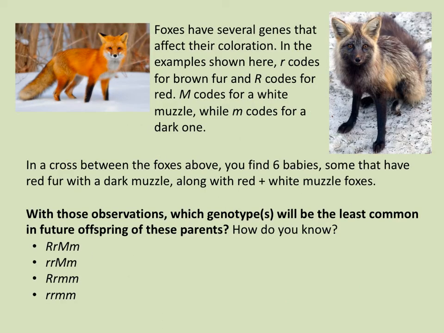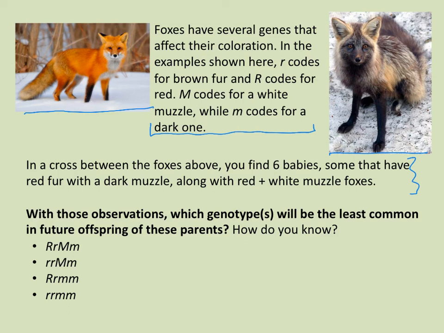Last but not least, I'd like you to think about this probability question. And there is a slide up on Moodle that helps you think about how the answers to this question come. But what you'll need to do to answer this is think about the phenotypes of these parents, as well as the phenotypes of their babies, and then determine, based on these rules, the genotypes of the parents.